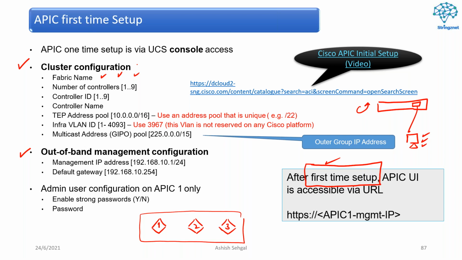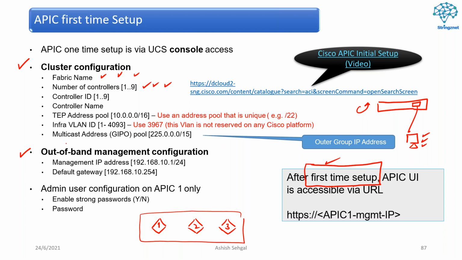Then the number of controllers which you want to form a family. So you have to specify the correct number of controllers as you have with you. And the same information must be in all the controllers, guys. Please make sure the information is the same with no differences over here as well.